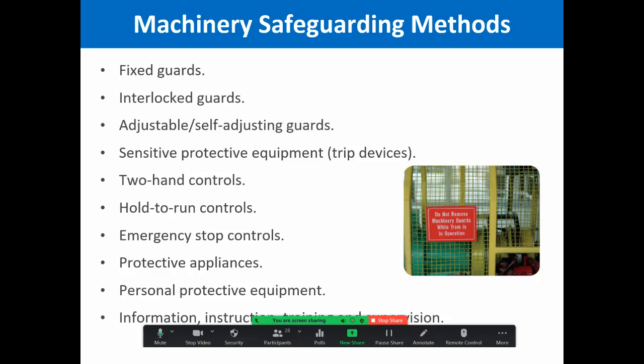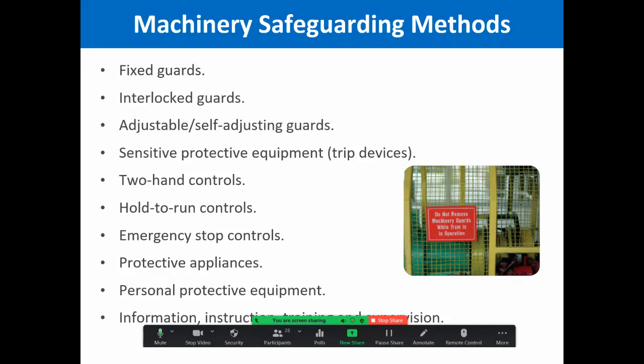Okay, then sensitive protective equipment, they might need trip devices as well. So trip devices basically serve to cut the power supply when the load increases to a certain level. Okay, so if there is more current passing through than the design current, then the device will trip and it will keep the equipment safe.